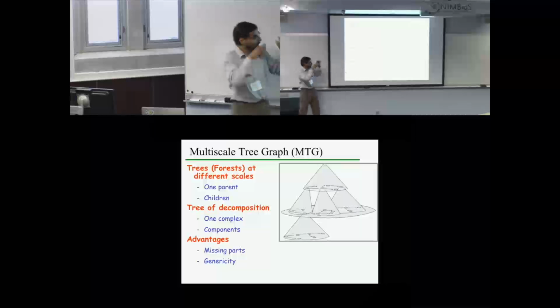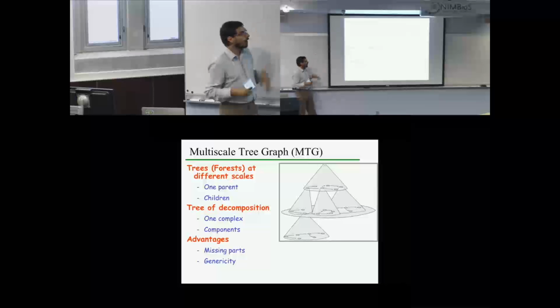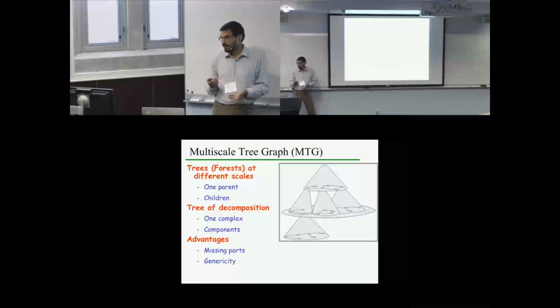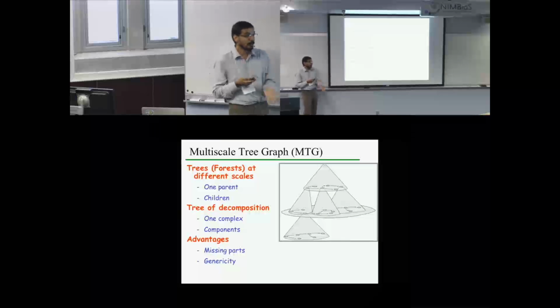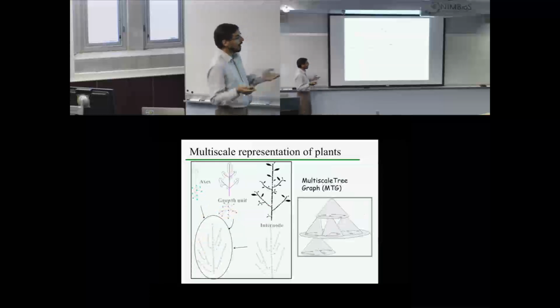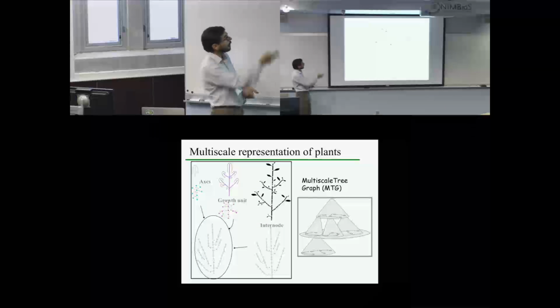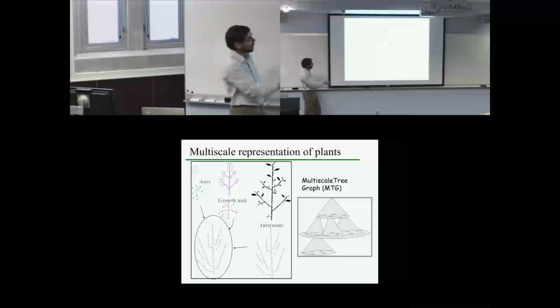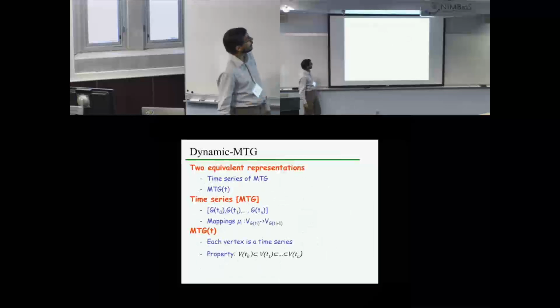That is, you don't have to describe all the scales explicitly, and it can represent any kind of vegetal tree structure. That is, root systems, plants, small plants, large trees, and so on. So an illustration is that for these plants, you can have different representations, and it's very, very useful.